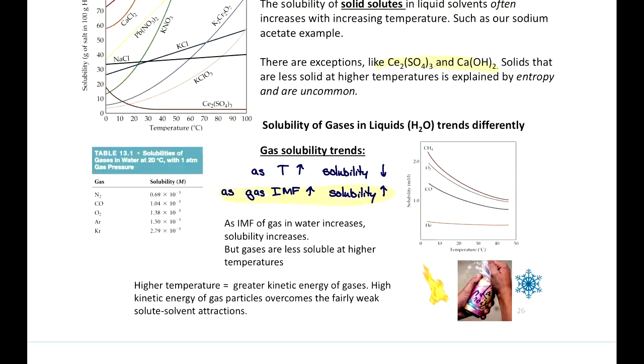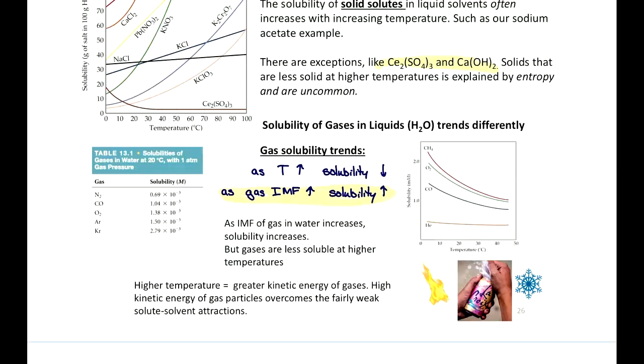So that carbonation, what you're actually tasting are tiny little CO2 bubbles that are dissolved in that soda solution. So you do, in fact, experience gases dissolved in water. So how else do you think fish breathe? All right, they get the oxygen that's dissolved in the water.